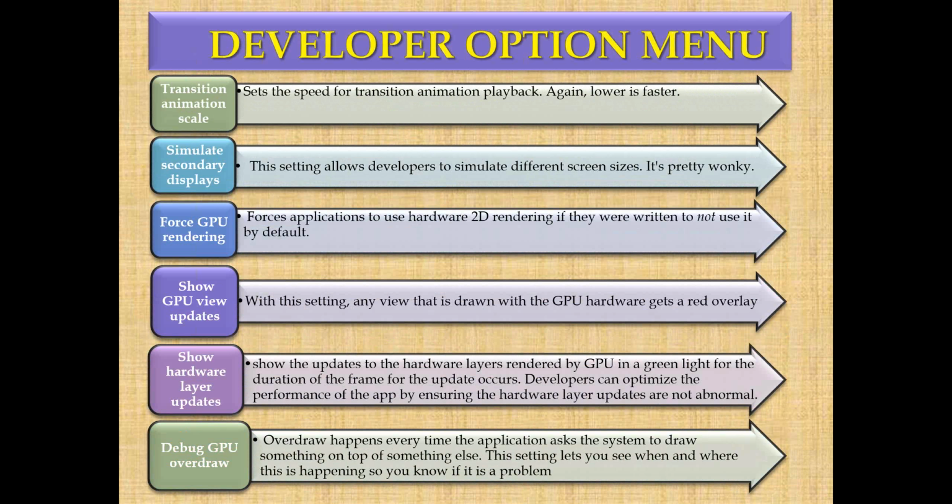Another thing that developers are doing with this developer options menu, it allows you to simulate a secondary display. I wouldn't recommend you do that. I just want you to know that it is there. You can simulate different screen sizes.